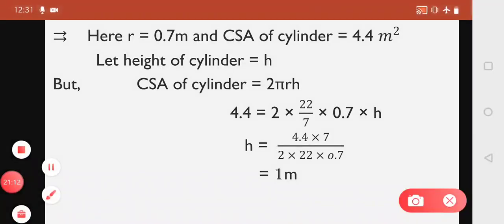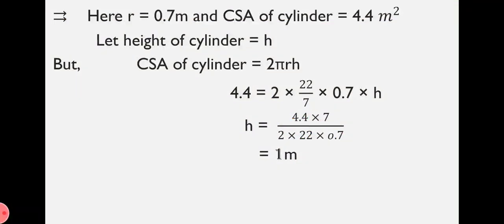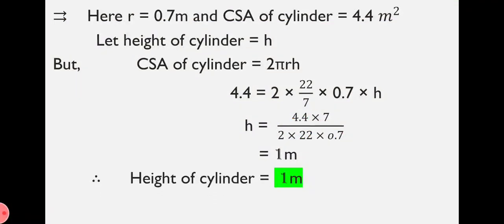So 0.1 upon 0.1 will give you 1 meter. Hence the height of the cylinder is equal to 1 meter.